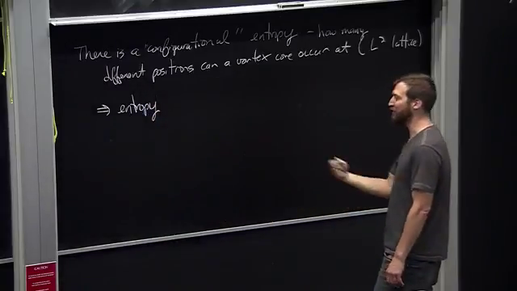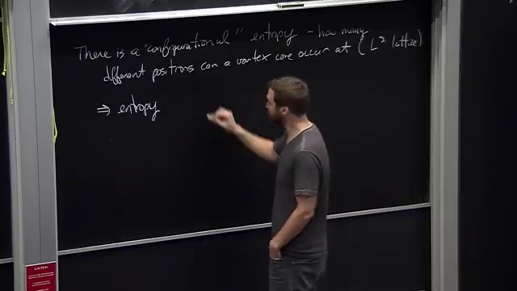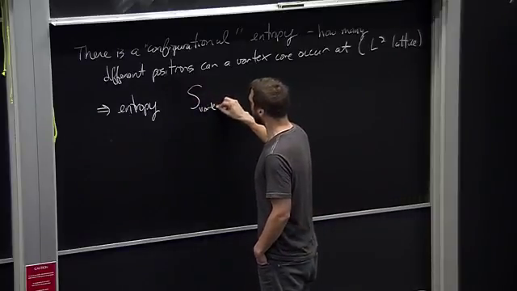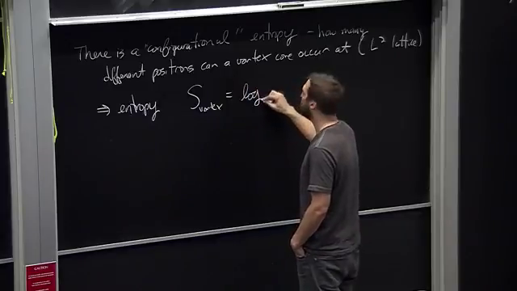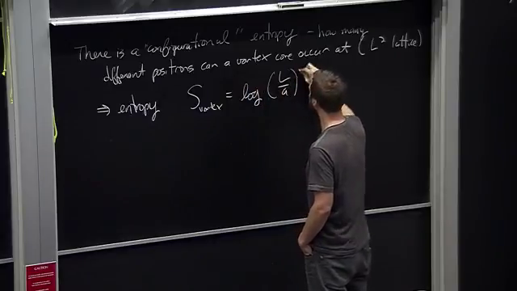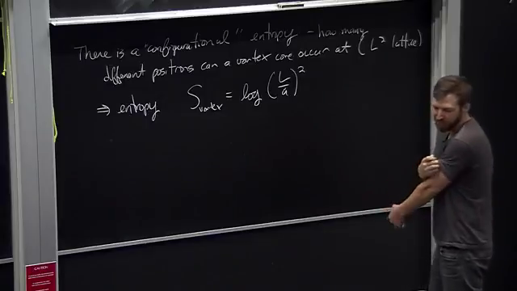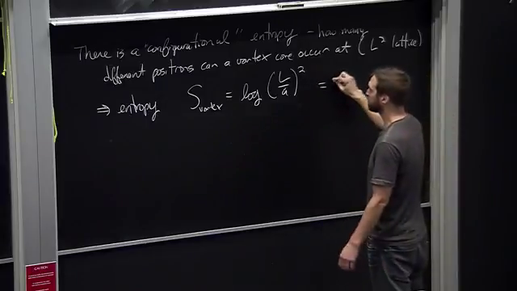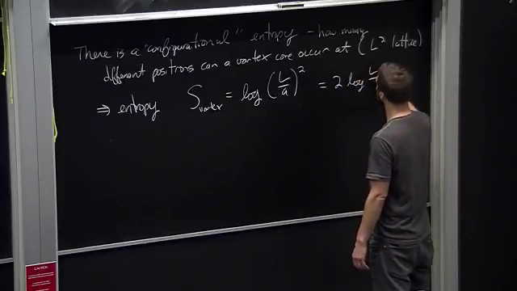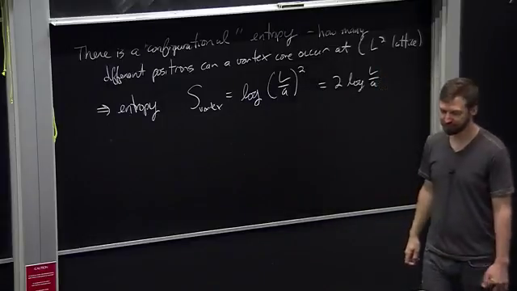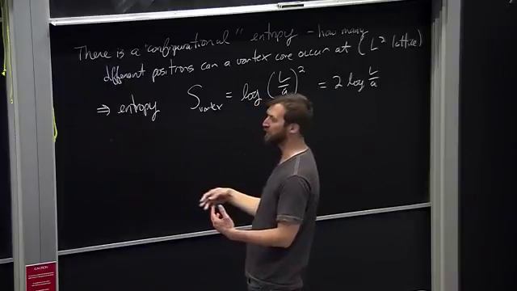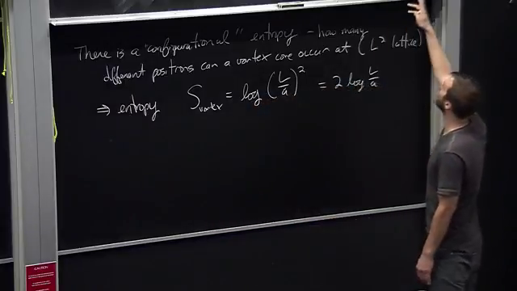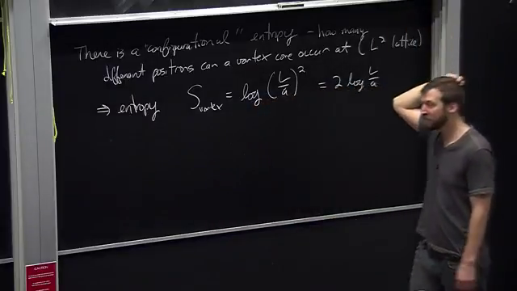So log of the number of microstates is like log (L over A) squared. So it's basically log L. And because of that configurational entropy, you're getting a balance with that logarithmic energy.